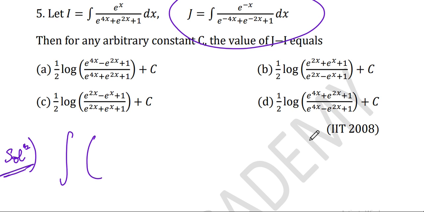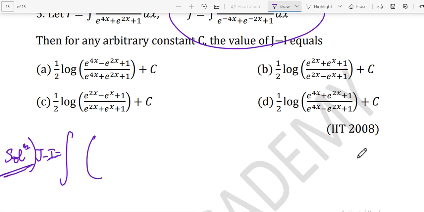So for j, what should we multiply in the numerator and the denominator? So carefully watch this step. We have to find j minus I in integration of this. So e to the power minus x divided by e to the power minus 4x plus e to the power minus 2x plus 1.